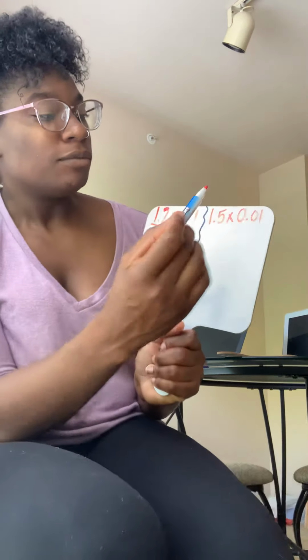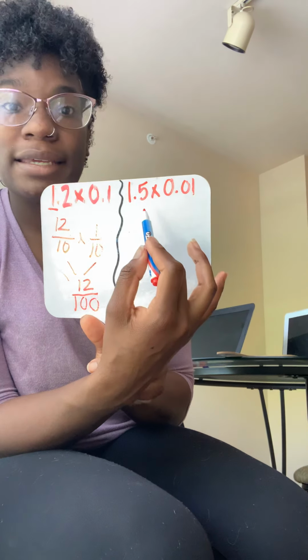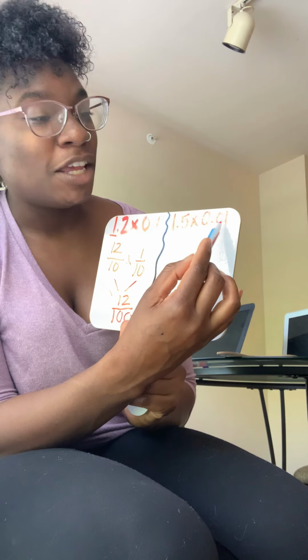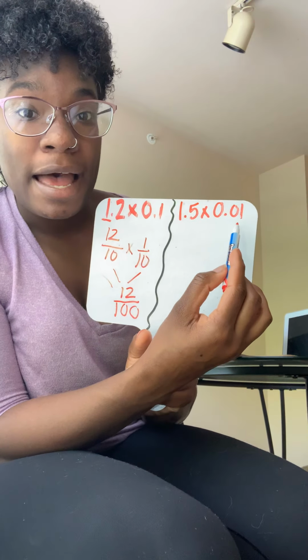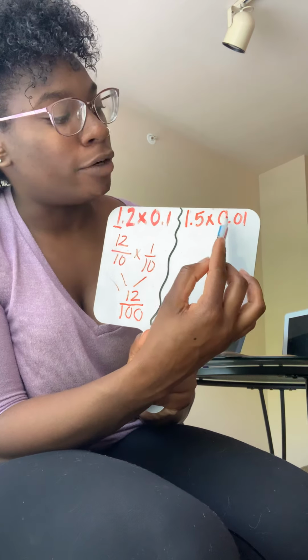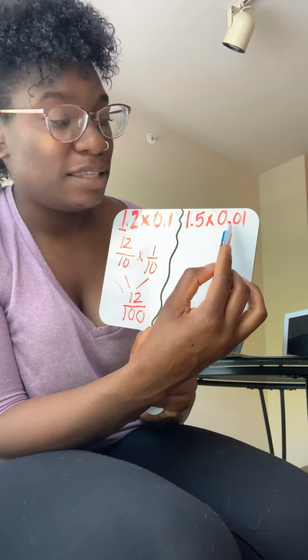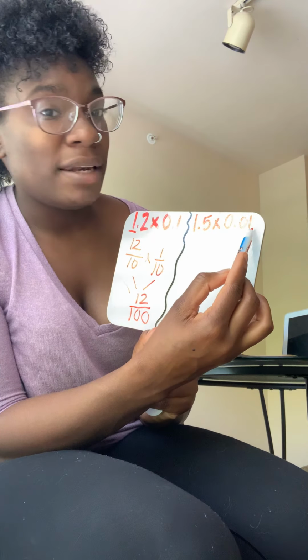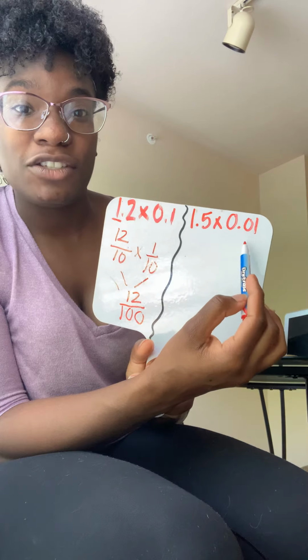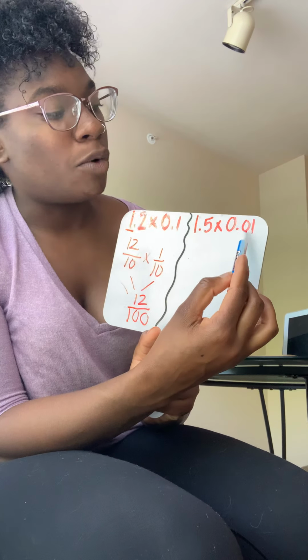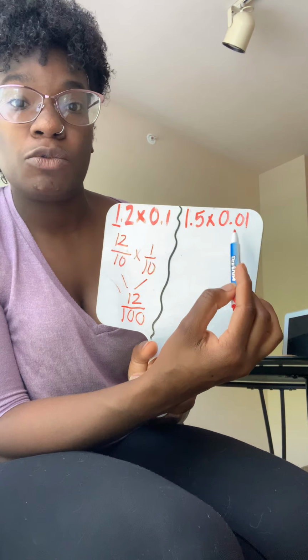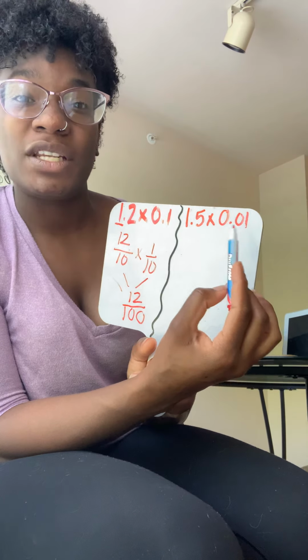All right, now our last example, we've got 1 and 5/10 times 0.01. We are no longer in the tenths place. Our 1 is now 2 place values to the right of our decimal. So we're not working with the tenths place, we're working with the hundredths place.